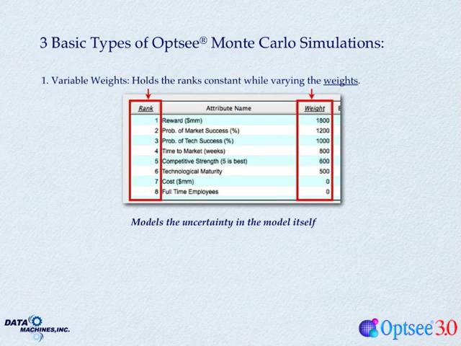The first thing that you have to do is to decide what kind of prioritization you want to run. With OPSI, you have three choices. First, you can choose to vary the attribute weight such that the weights change, but the rankings remain the same. In other words, the first ranked attribute will always be first, the second ranked attribute will always be second, and the third ranked attribute will always be third, but the weights between them will be different for each model.